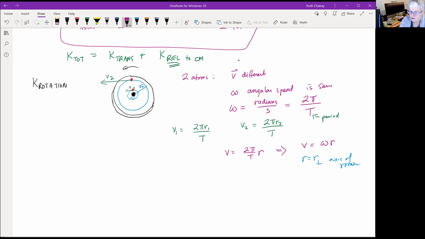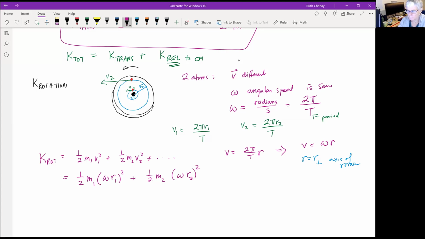So we can calculate rotational kinetic energy now. It would just be a half m1 v1 squared plus a half m2 v2 squared plus all that stuff. We can rewrite this as a half times m1 times omega r1 squared plus a half times m2 times omega r2 squared.